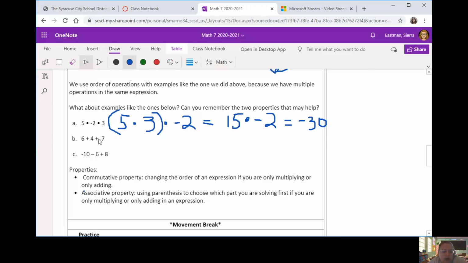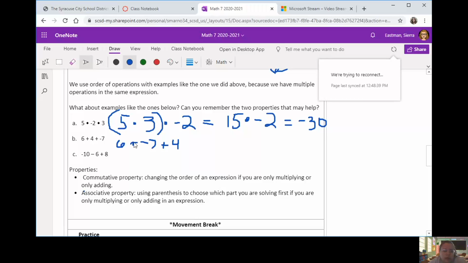Maybe I want to add this 6 and negative 7 first. So I'm going to change this to say 6 plus negative 7 plus 4. Okay, that's my commutative property. I'm only changing the order.